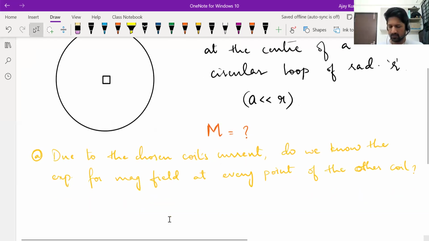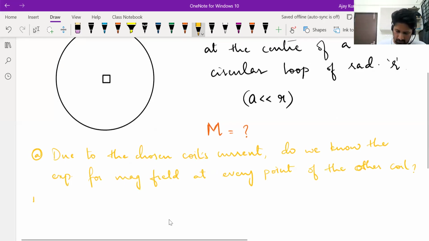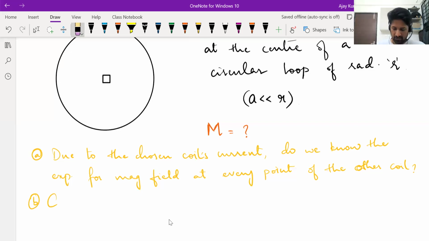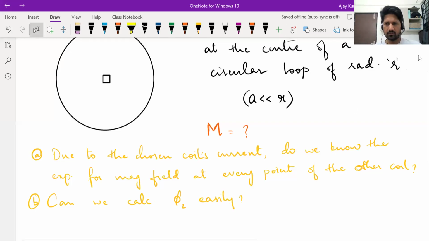Why do you need to know magnetic field at every point of the other coil? Because you should calculate flux in the other coil. Okay. So see, even if you know the expression for magnetic field, sometimes calculating flux may be too tedious. Okay. So can we calculate flux in the other coil easily? If you can do that, then you can proceed. Okay. So that way you think.